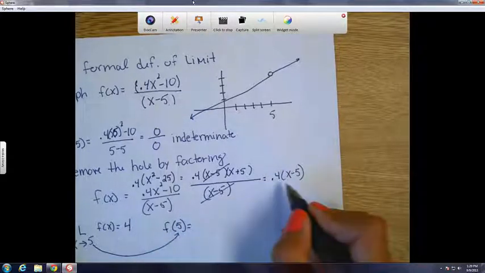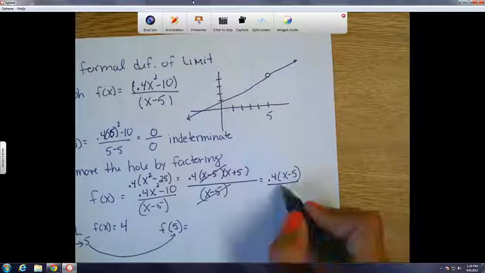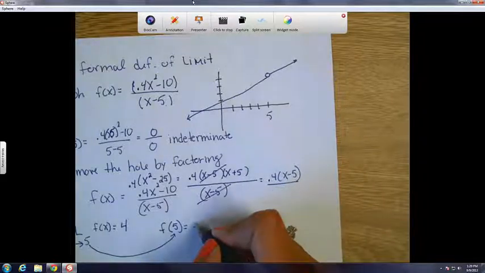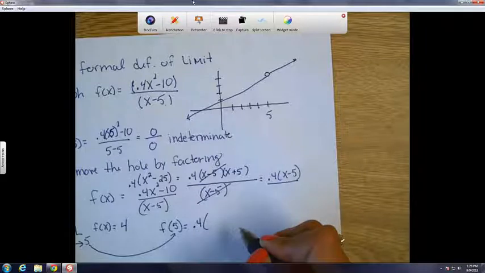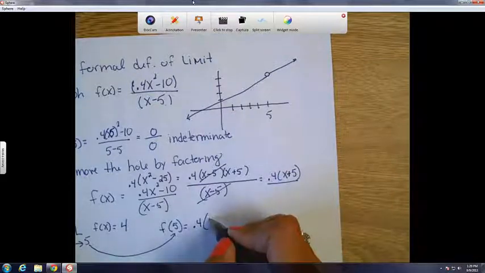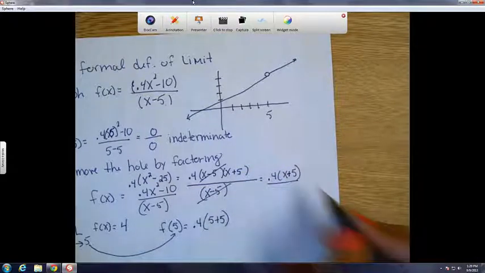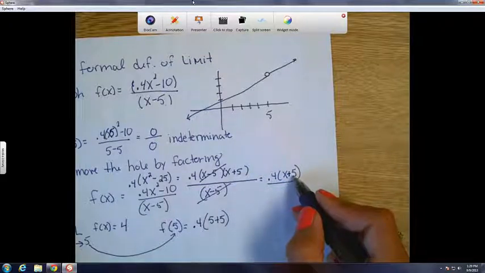When I'm putting it into the reduced, I guess, version of f of x, after we remove the discontinuity, so it's 0.4 times 5 plus 5. Oh, look at that, I made a mistake already. x plus 5 was the factor left over, not x minus 5.